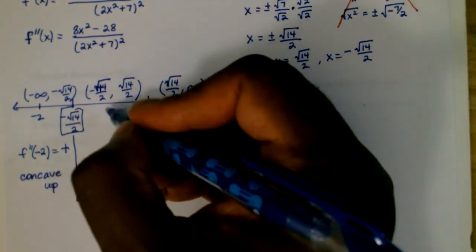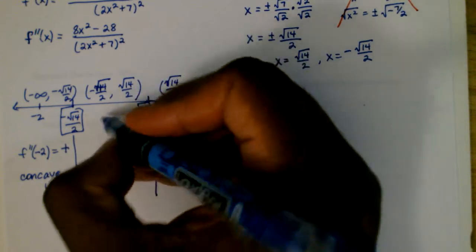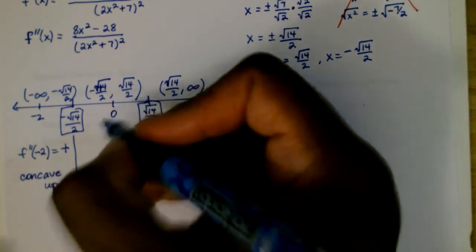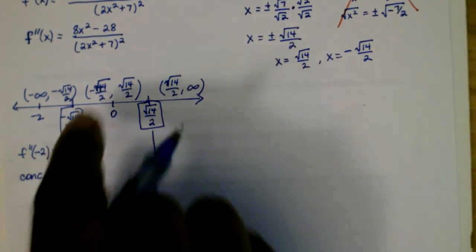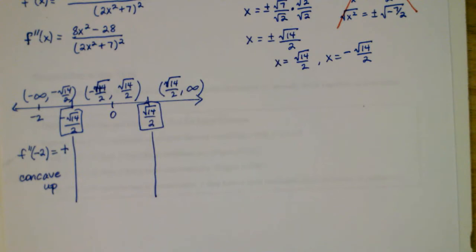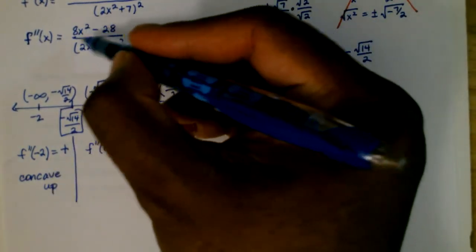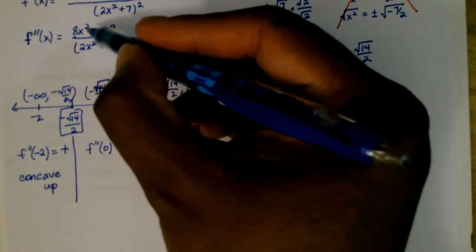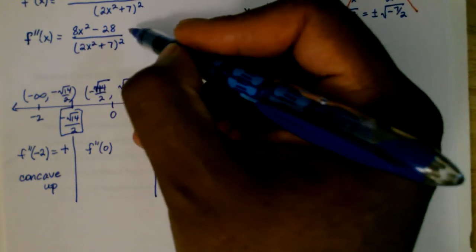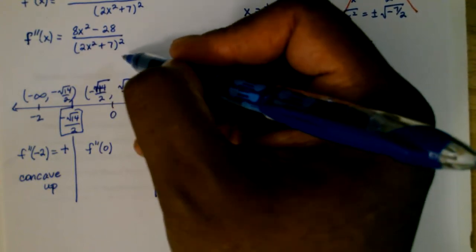And now for negative square root of 14 over 2 to positive square root of 14 over 2. Let's use 0, because I have a negative on the left and a positive on the right. That means 0 is in between those two. Then we do f double prime of 0. Looking at this here, if this is going to be 0, this 0 minus 28, that's going to be a negative number. The denominator will automatically be positive.